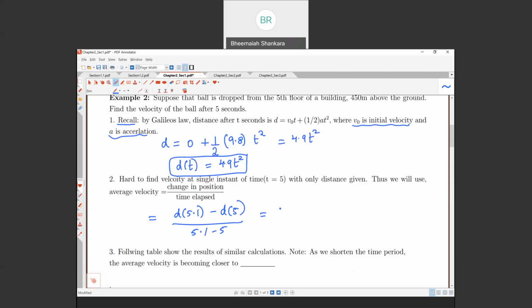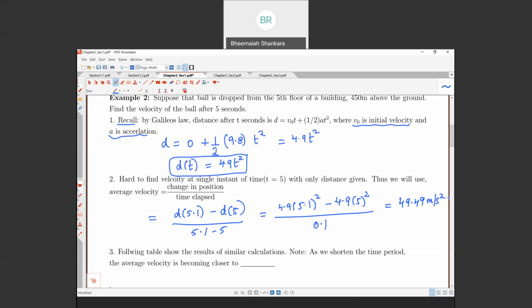So this is 4.9 times 5.1 square minus 4.9 times 5 square. We derived a formula for distance in the first part of the problem, which is 4.9 t square. So we are plugging in t as 5.1 and 5. Denominator, find the difference as 0.1. Simplify this expression, you get 49.49 meter per second.